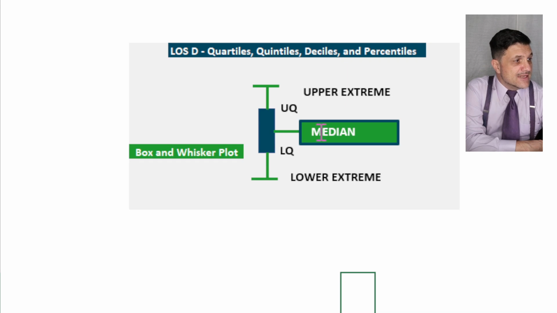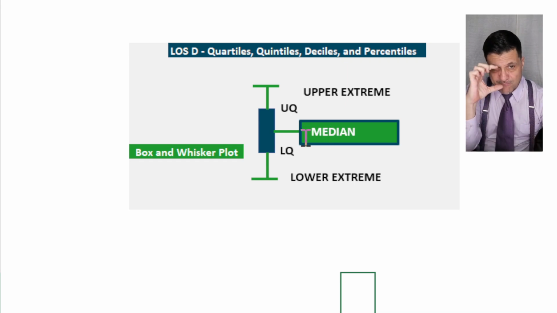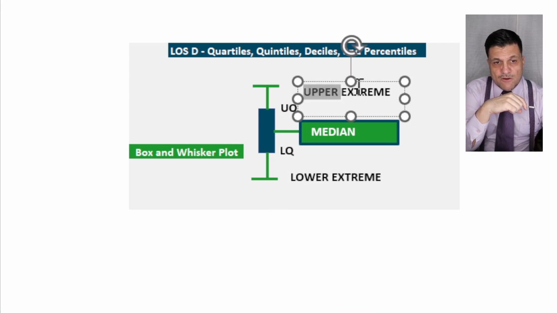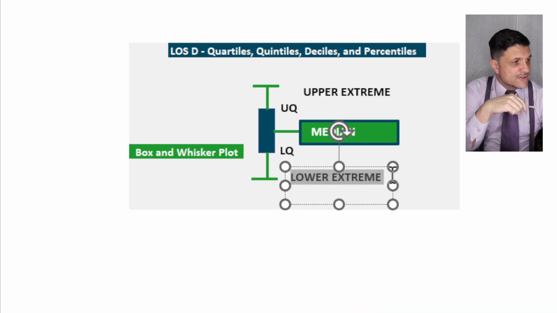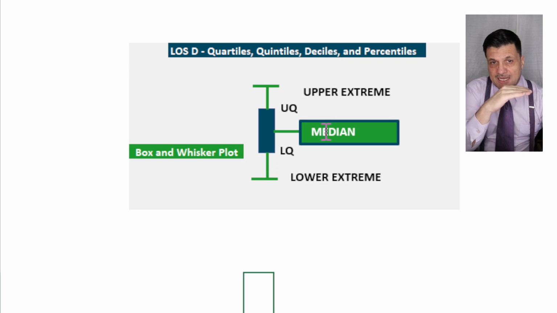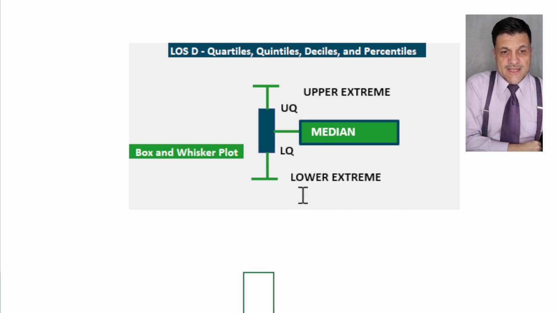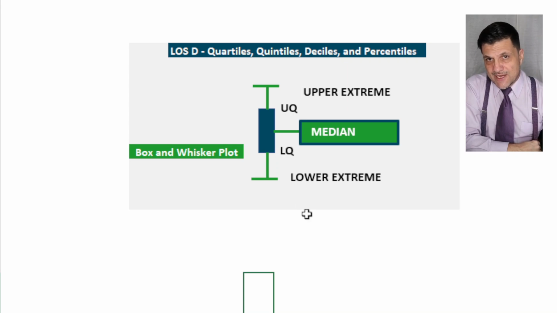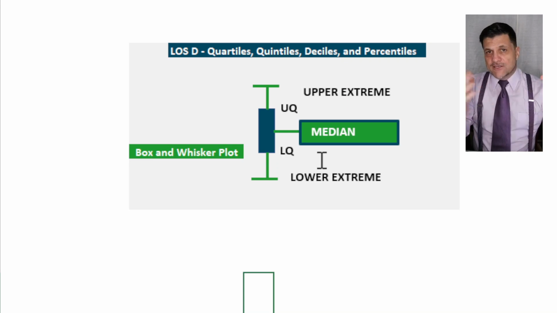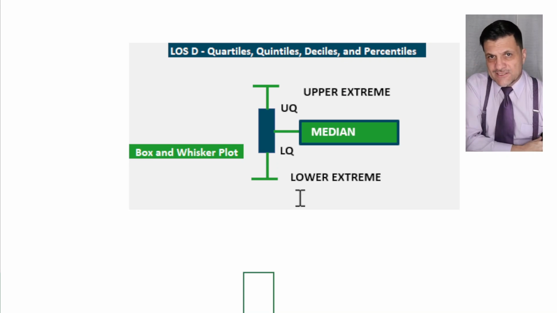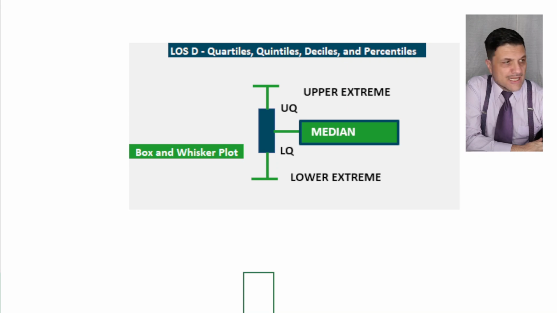The number right in the middle of the blue box is the median. And the whiskers, the green ones on top, are called the upper extreme and the lower extreme. Those are the highest value in that observation and the lowest value in that observation. If you applied winsorization or trimming, then the upper and the lower will be assigned values. Otherwise, they will be any upper or lower extreme value collected in the data collection for that observation.